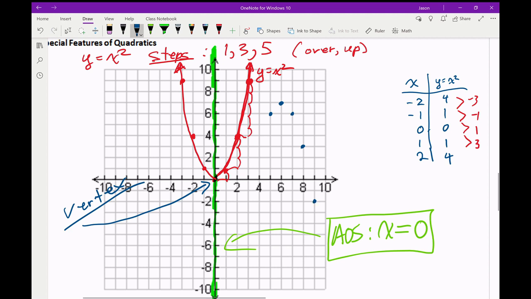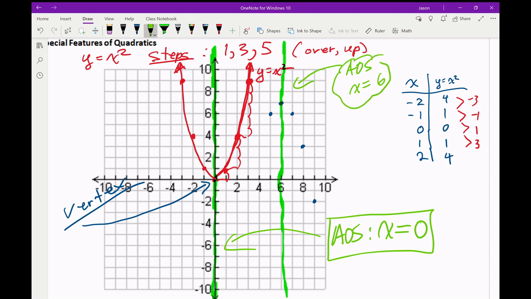And then we have our mirror line. So our vertex, remember, always has a mirror line that goes through it, right? In this case, this mirror line is called the axis of symmetry. And that axis of symmetry is x is equal to, instead of 0 this time, it's x is equal to 6. Now, for the other graphs. So now that I have my mirror line, I can match these points on the other side.